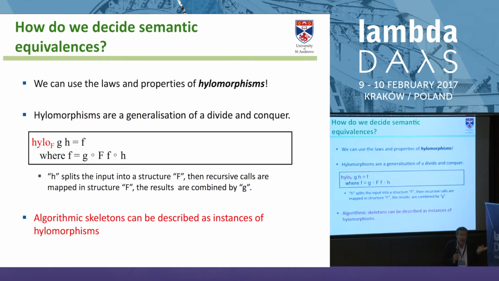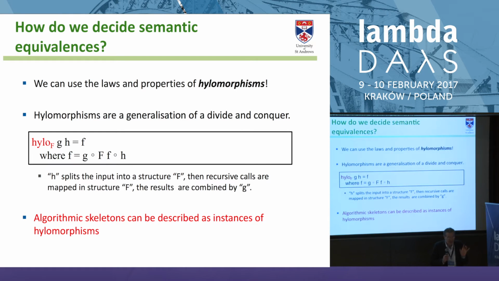So, question. How do we decide when two things are the same? Well, I mentioned hylomorphisms at the start. We use hylomorphisms, which have strong laws and properties. So a hylomorphism is a generalization of a divide and conquer.